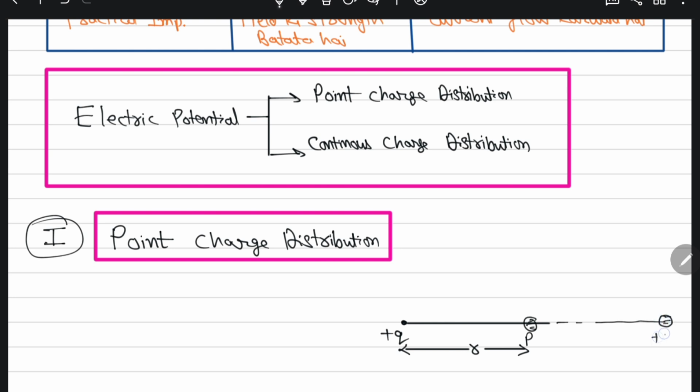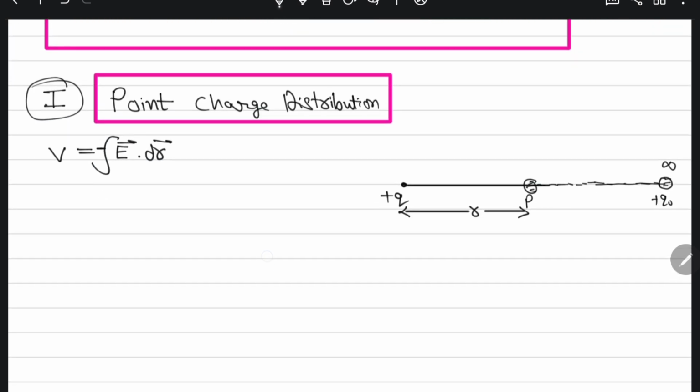So I take q naught positive test charge at some far distance, infinity, and I move this test charge to point P. Whatever the work done is stored in the form of potential energy, and then I divide this potential energy by the positive test charge, so I get the electric potential. So minus E vector dot dr vector, right?